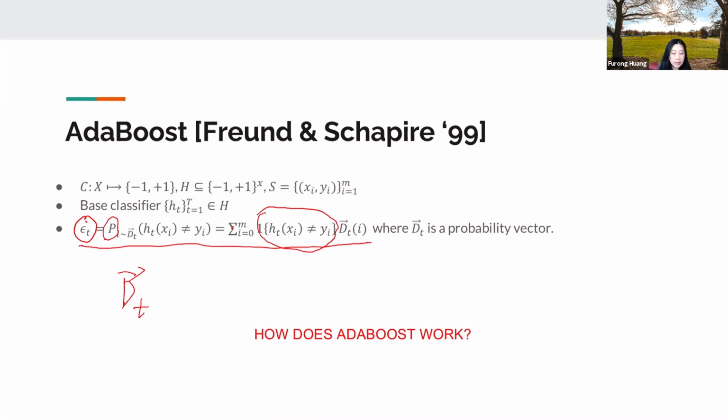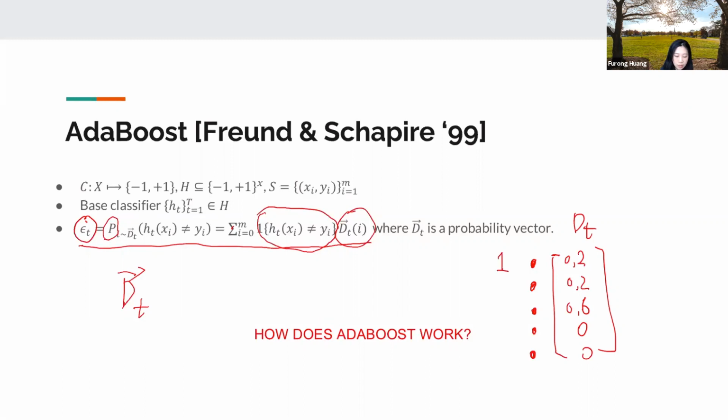Okay, so for instance, you might have, let's say, 5 examples, right? And your weights for these are like 0.2, 0.2, 0.6, and 0, 0. So this is your dt. Now, you might have associated losses for these examples. Let's say I have a loss 0, I have a loss 0, I have a loss 0, and loss 1 here.